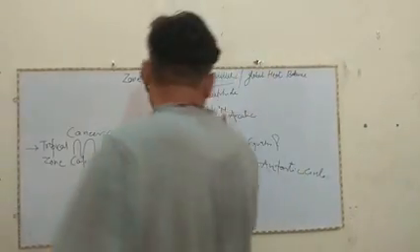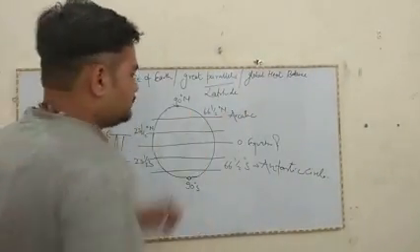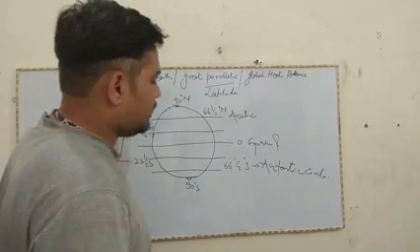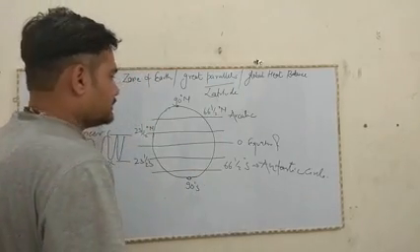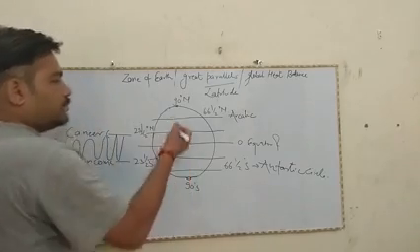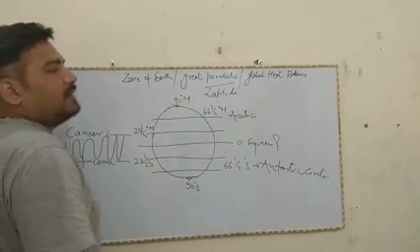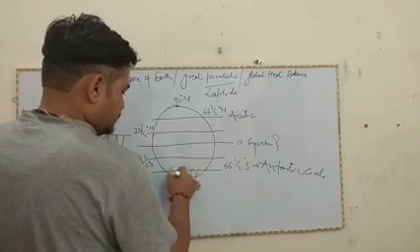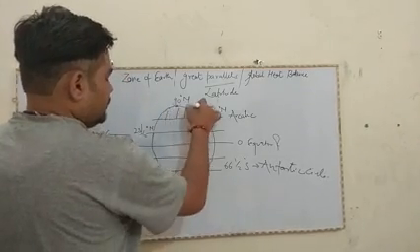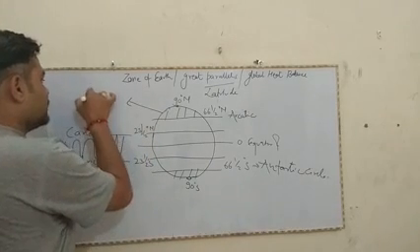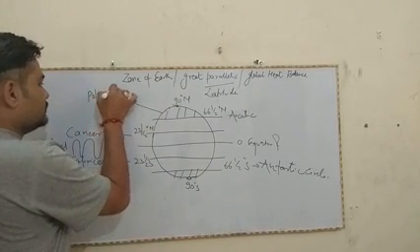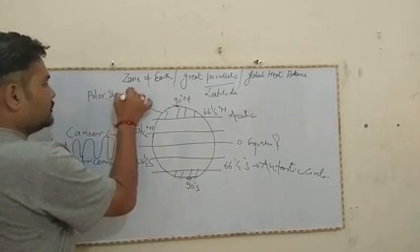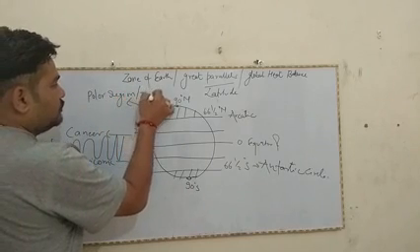Look into that. The 66 and a half north and 66 and a half south is called Arctic and Antarctic circle. That zone above the 66 and a half north and south is symbolized as polar region or zone.